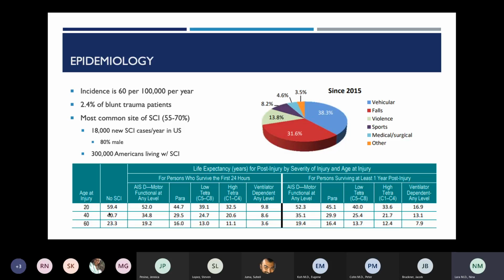And the bottom table shows the life expectancy in years after injury by severity of the injury, depending on the age at the injury. And you can see here, for the high cord injuries, the older the patient is, the lower the survival time.